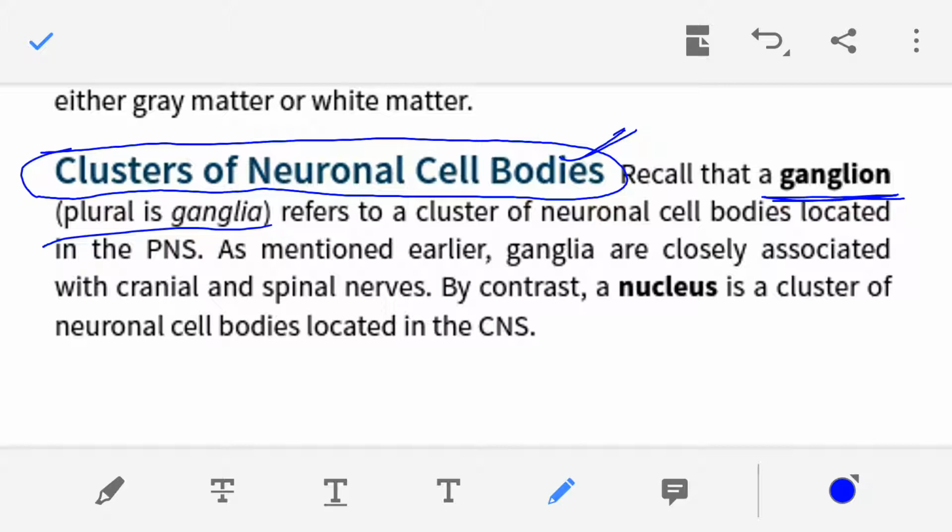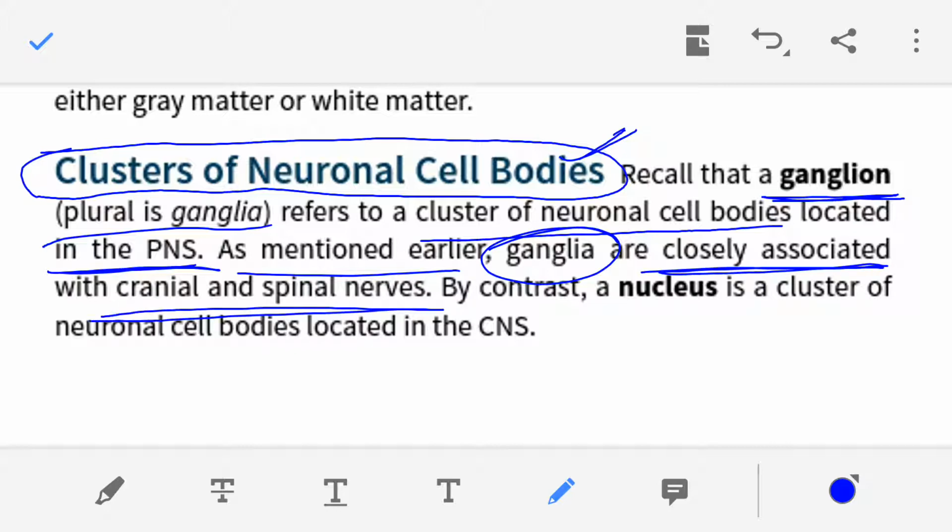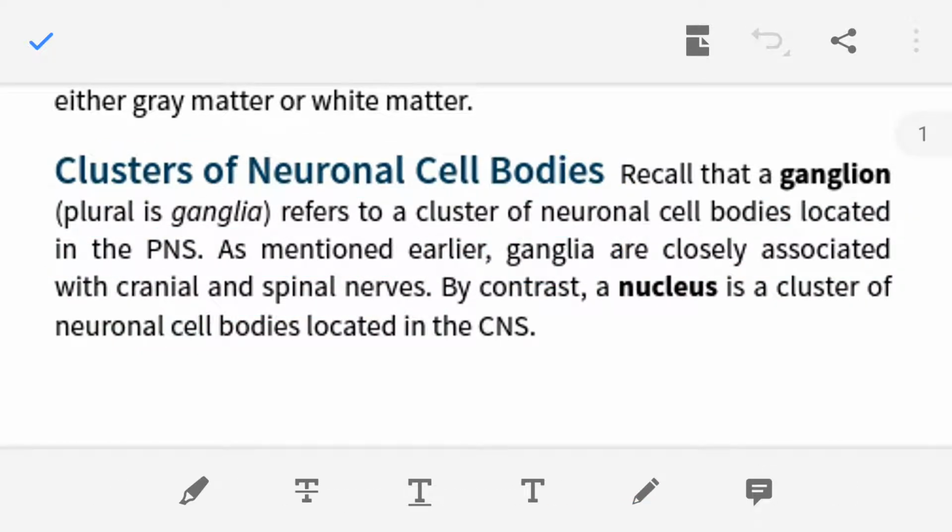A ganglion refers to a cluster of neuronal cell bodies, and these clusters are present in the peripheral nervous system, PNS. As we have mentioned earlier, these ganglia are closely associated with the cranial and spinal nerves. So the ganglia are connected with the cranial and the spinal nerves.